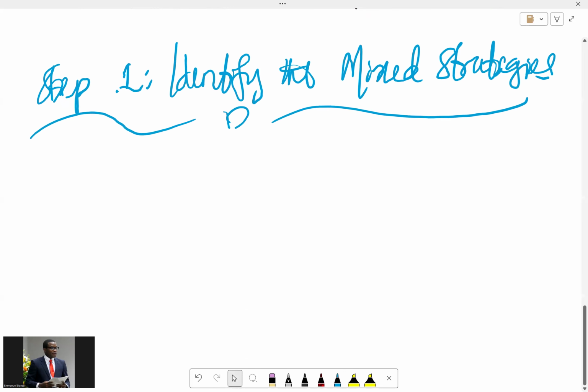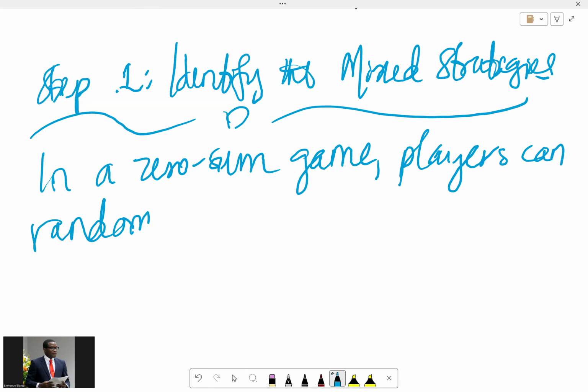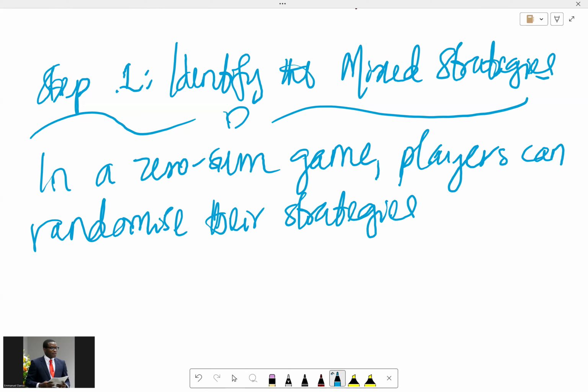Mixed strategy talks about randomization of strategies. In a zero-sum game, players can randomize their strategies using a mixed strategy.